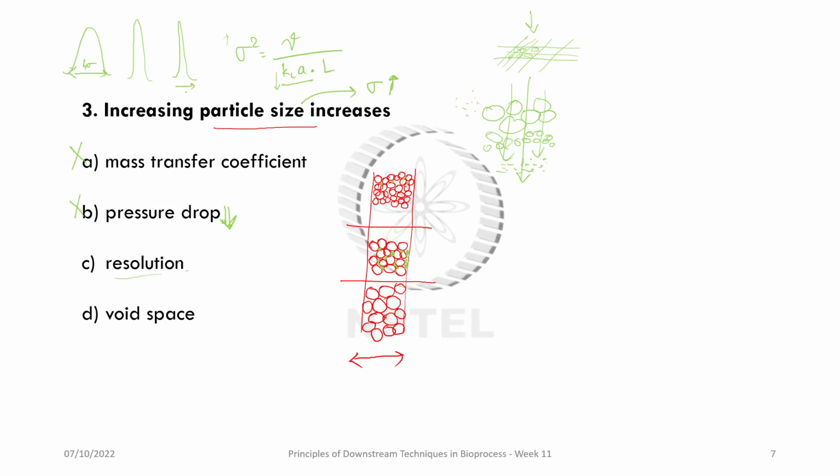We have been discussing this for the past few classes. What does it mean? It has more theoretical plates, or there is more scope for resolving that particular compound within the column, which means you can separate it from other impurities that it is traveling with.